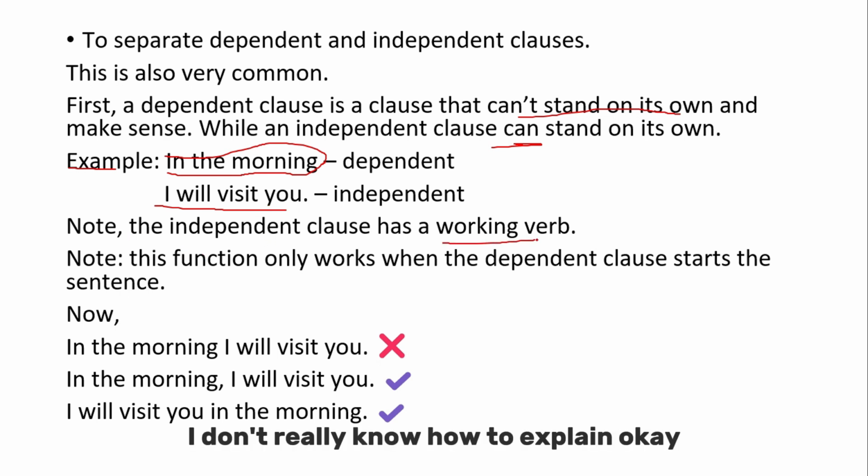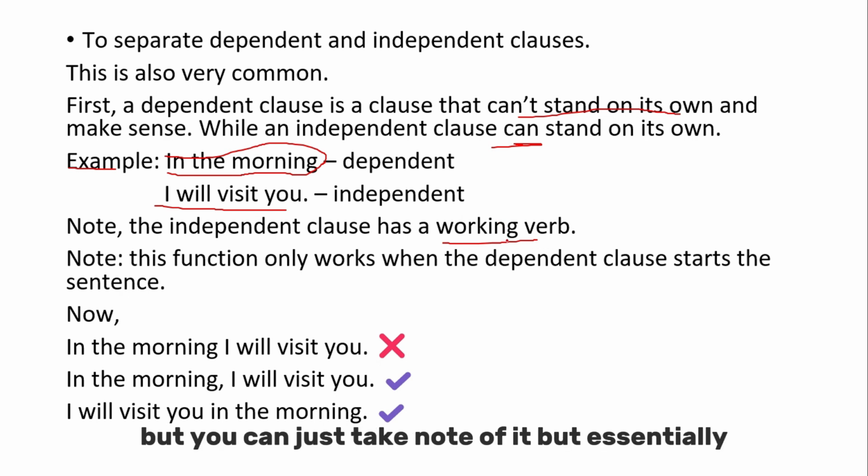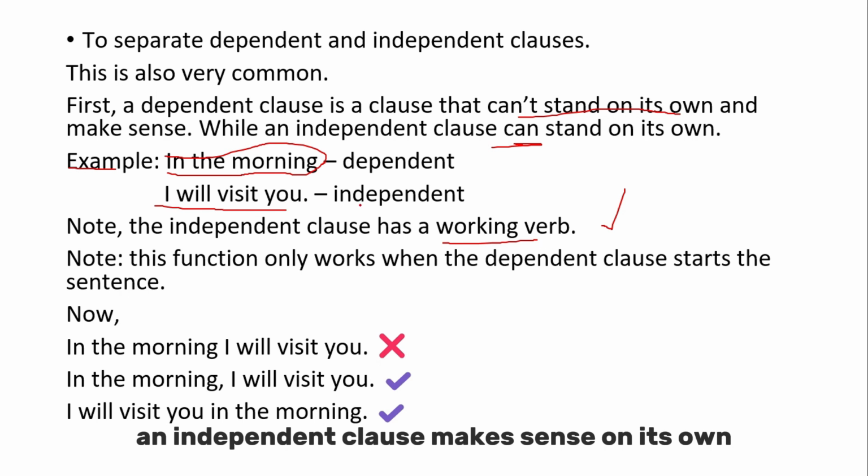I don't really know how to explain it, so let me leave that part out, but you can just take note of it. Essentially, an independent clause makes sense on its own. It can even be a sentence on its own.